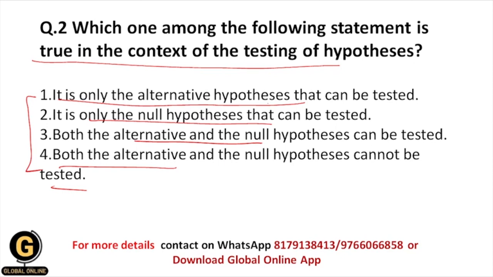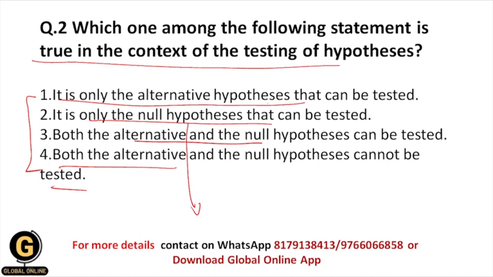Because the meaning of null hypothesis is that we basically state that there is no relationship between the variables under study, and that's why we test only the null hypothesis. And whenever we get the results and we should accept the null hypothesis, then in that situation we accept it.